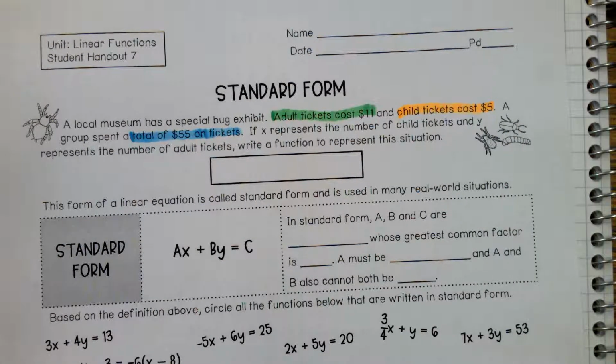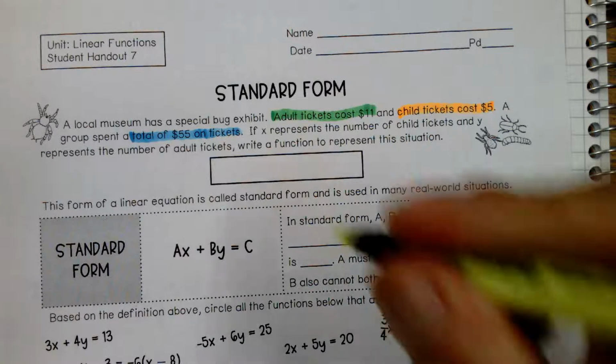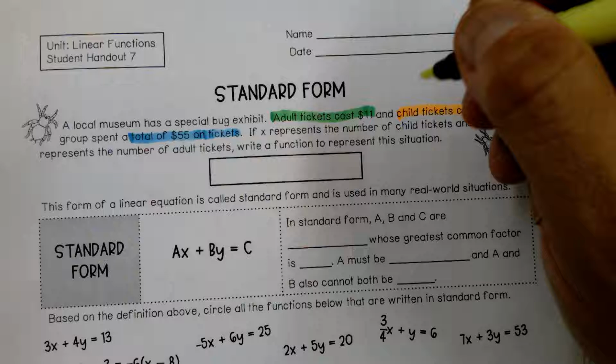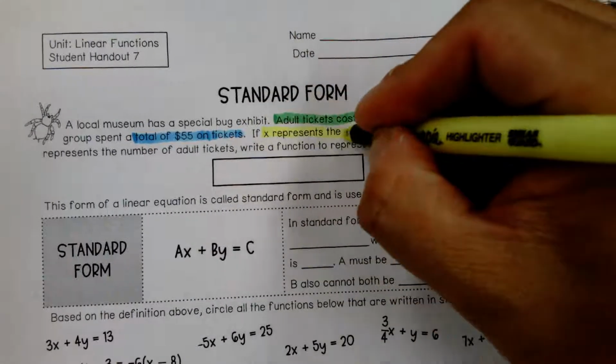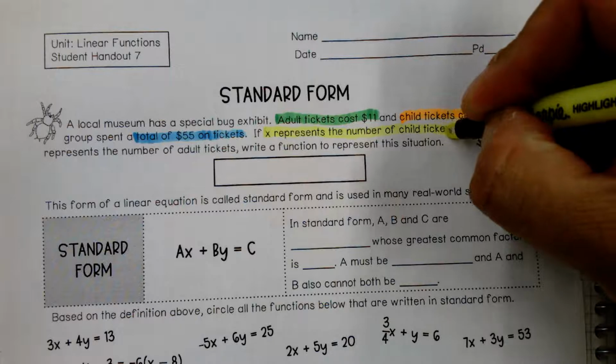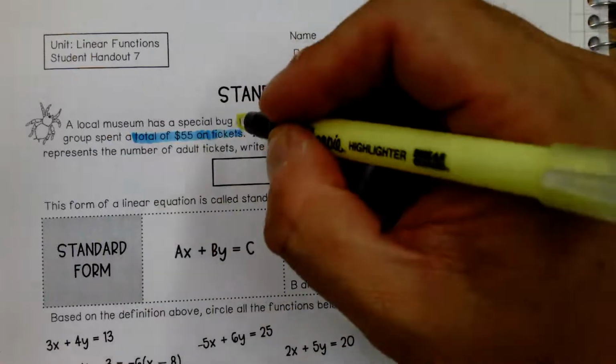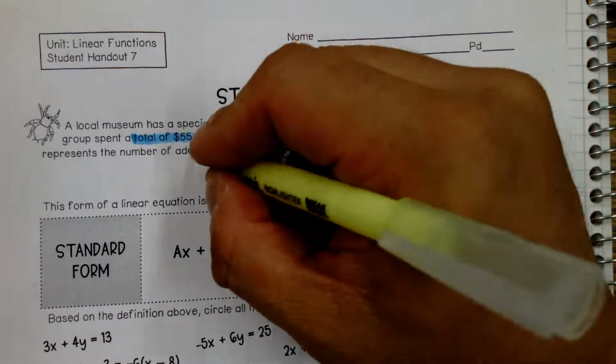What else do we know? We want X to represent the number of child tickets, and Y is the number of adult tickets.